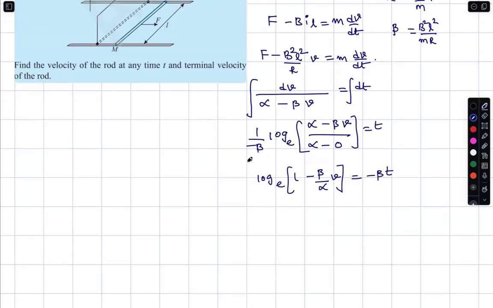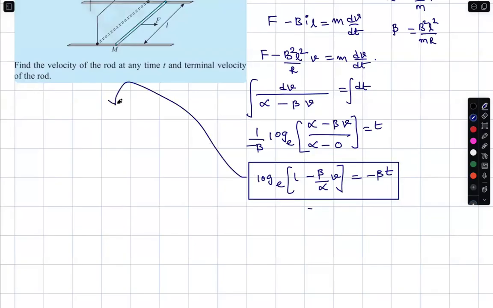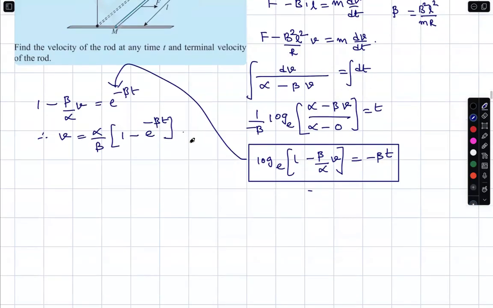Now, from this, you can manage a lot of things. 1 minus beta by alpha V is nothing but e power minus beta t. Therefore, V is alpha by beta times (1 minus e power minus beta t).